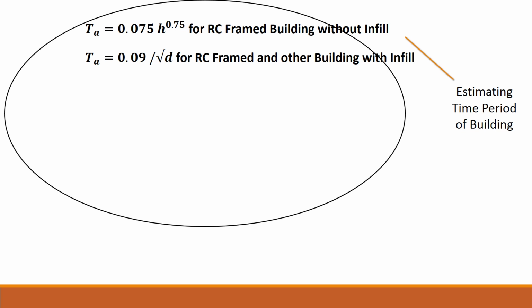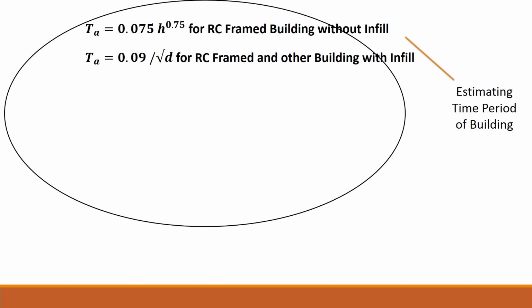So, once we know the time period of the building, we could determine the value of Sa by g, and as we saw earlier, thereafter we could determine Ah, the seismic coefficient, and finally the base shear VB.